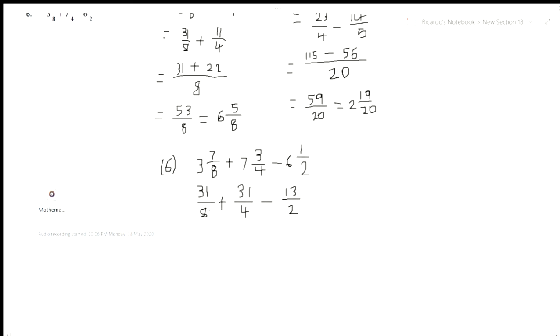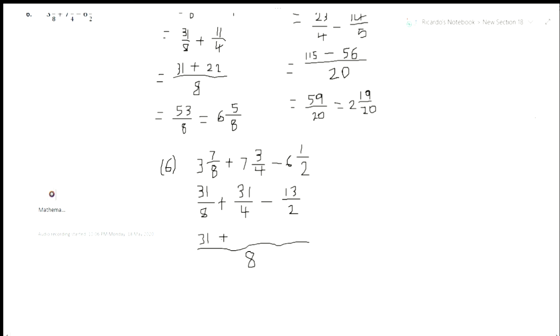Okay? So these three denominators, what these three numbers can go into without leaving a remainder is 8, so the LCM is 8. So this will be 8 into itself goes 1 time. 1 times 31 is 31. Okay. So 4 into 8 goes 2 times. 2 times 31 will give you 62.